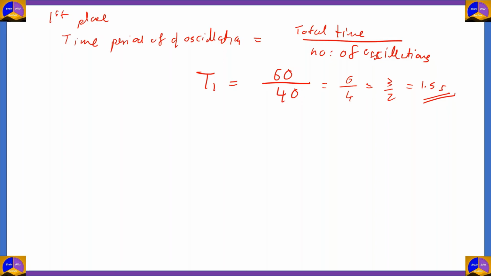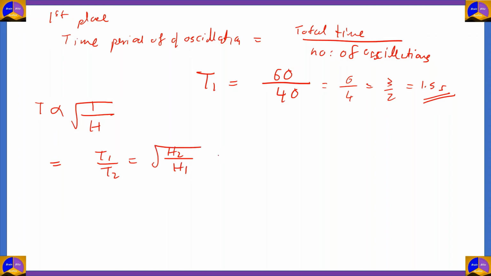So again, the relation is T is inversely proportional to the square root of H. Therefore, T1 by T2 will be equal to the root of H2 by H1.